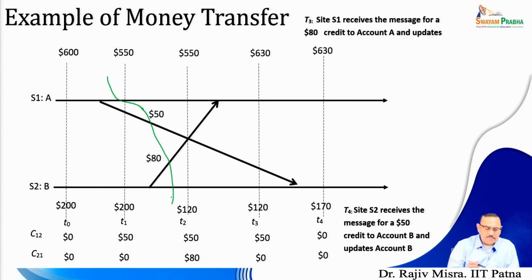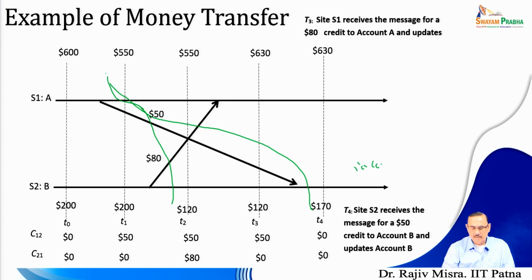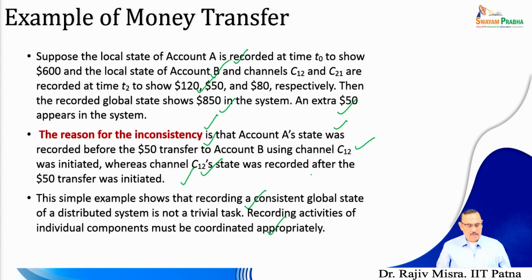Because if, let us say, this is being recorded in this particular state, then this will be inconsistent, because here the send of a message is not captured while the receipt of a message is being captured. So, such a recording is called inconsistent. That is what is shown over here.